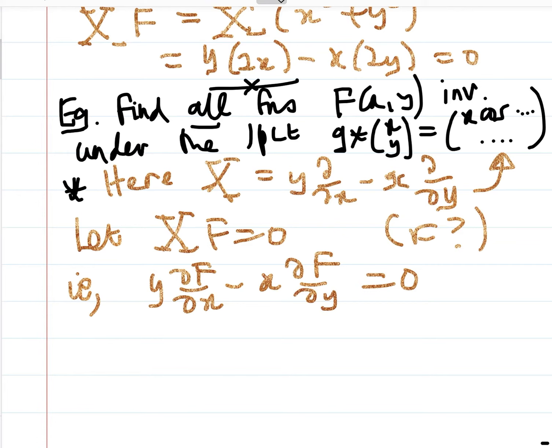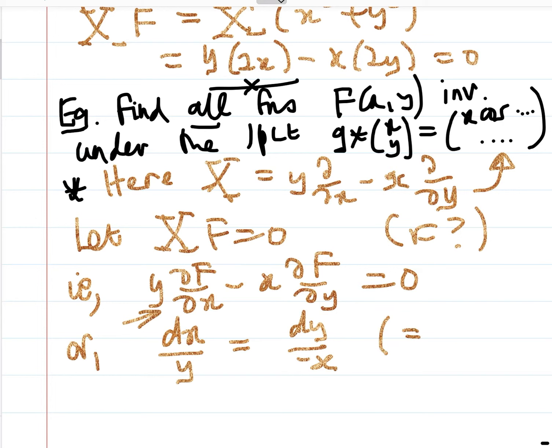So in characteristic form, this can be written as solving this system of ODEs. We have dx over y equals dy over minus x, and this equals df over 0.